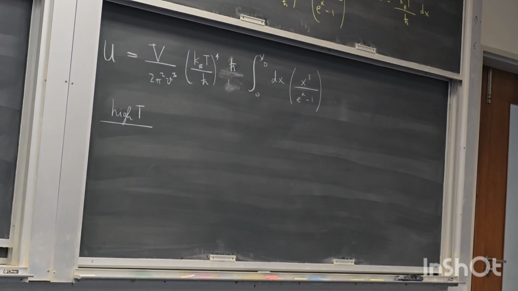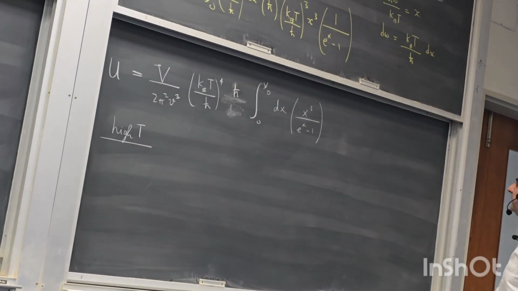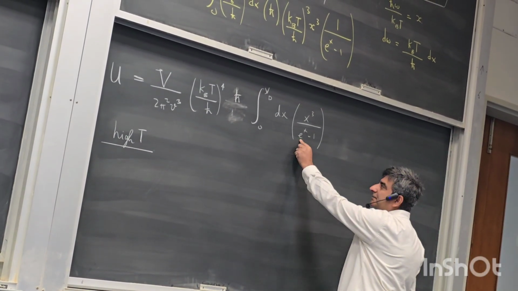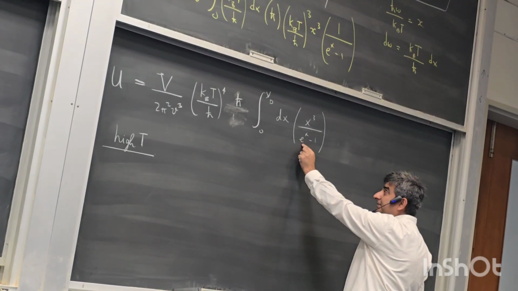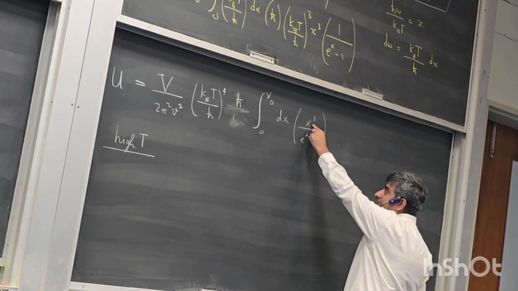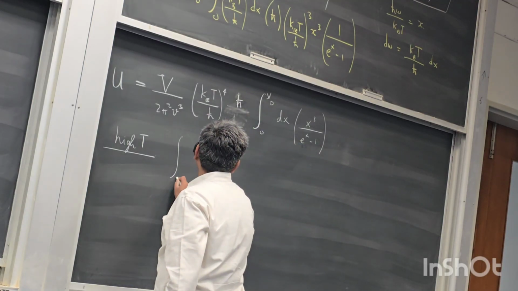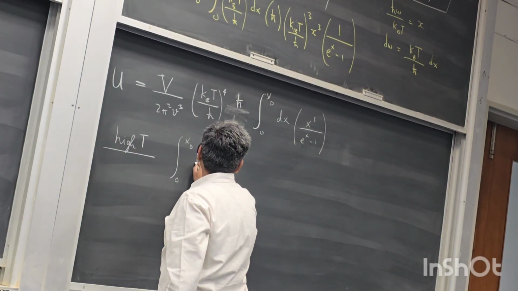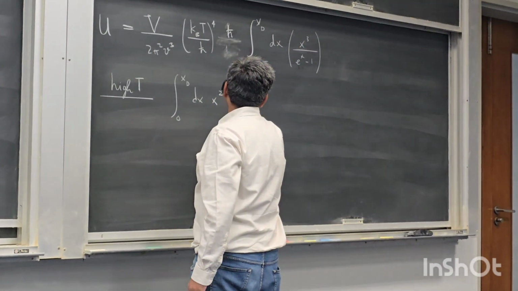So when x is small, this becomes 1 over x. So 1 plus x minus 1 is x. x cube over x is x square. So this integral alone can be approximated as x cube over x, which is x square, which integrates to x cube over 3.